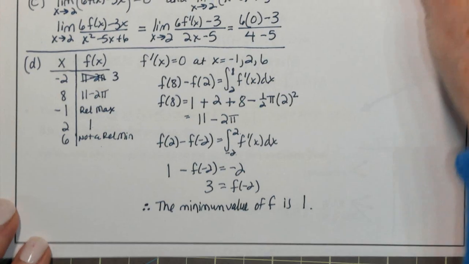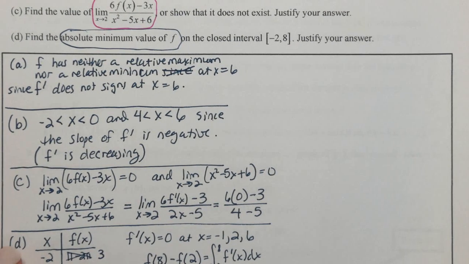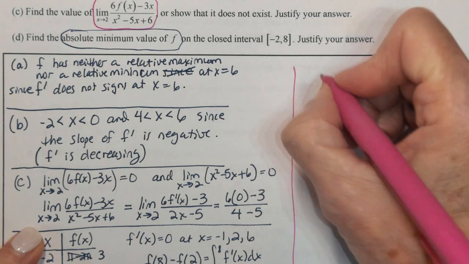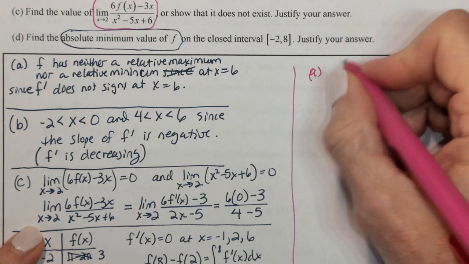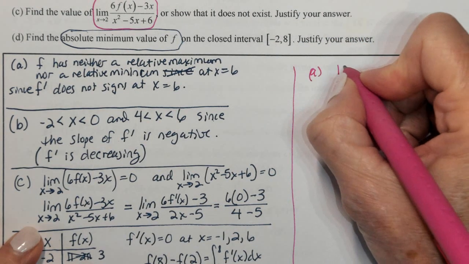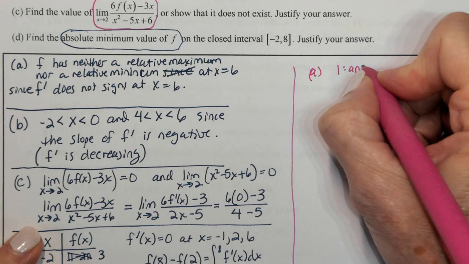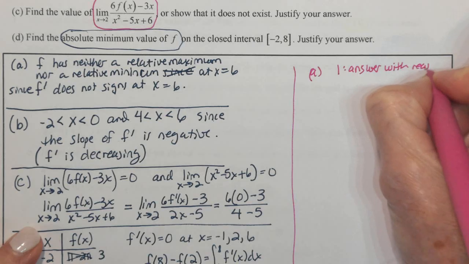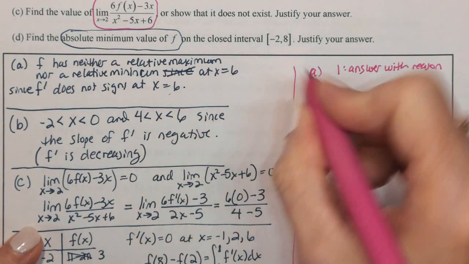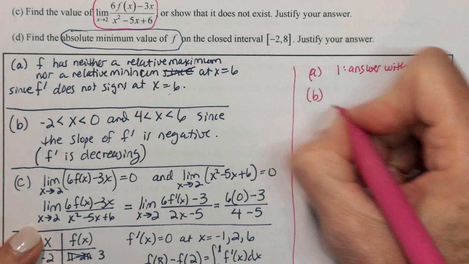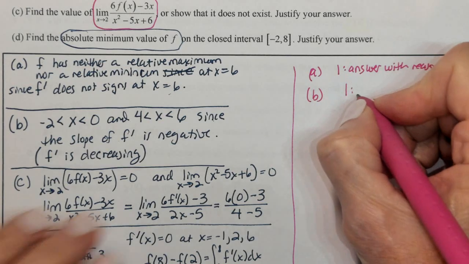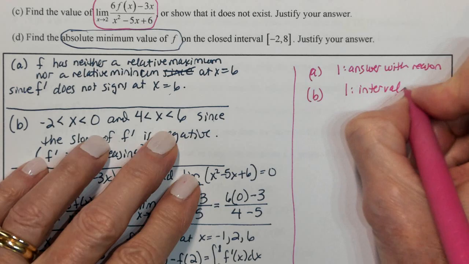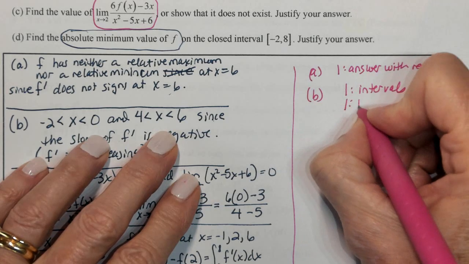Okay, how did they score this problem? Let's see. For part A, this was worth 1 point for the answer with reason. For part B, 1 point for the intervals, 1 point for the reason.